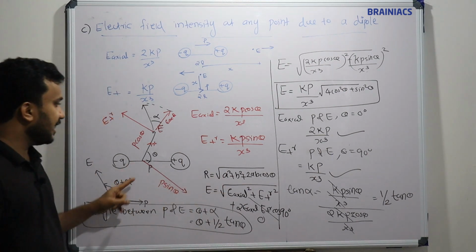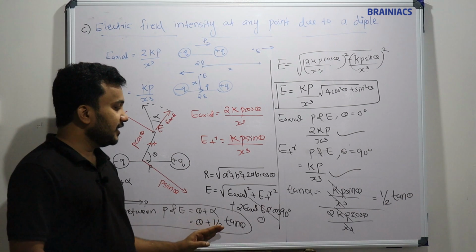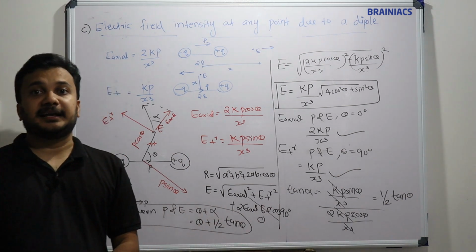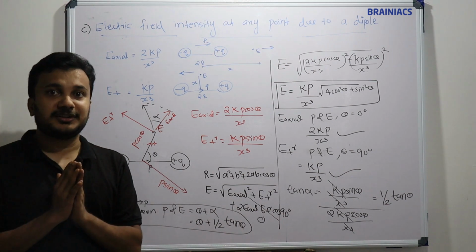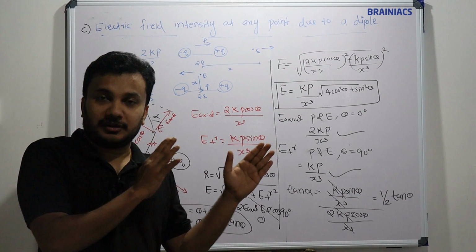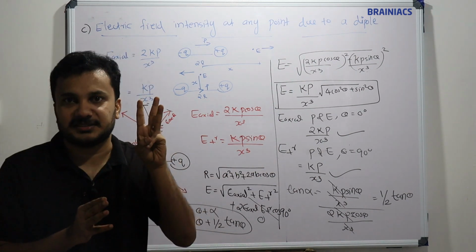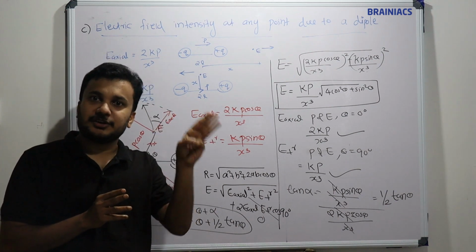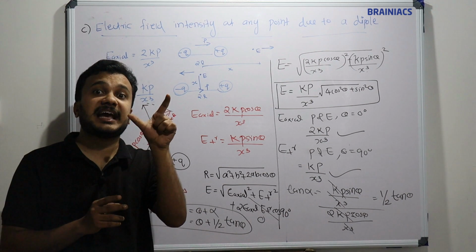Finally, P and E angle is theta plus extra alpha. So theta plus alpha means theta plus 1 by 2 tan theta. These are important. So totally 6 core points are there. We have totally 3 headings, and each heading consists of a formula, and in addition to the formula, we are specifying the angle between P and E.